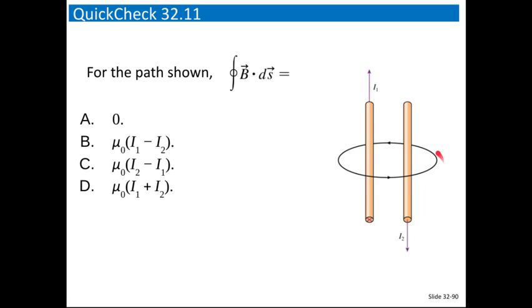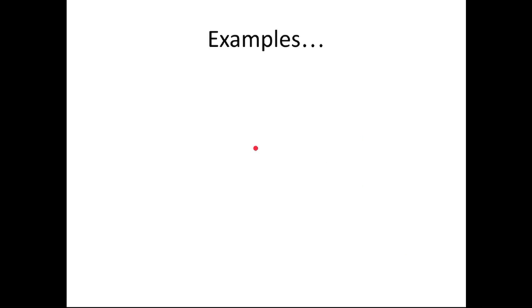Here's my path. This is not a field, this is a path. So what wire makes a field that is in the same direction as the path? Do the right-hand rule. I think it's wire 1. So wire 1 would be aligning with the path and wire 2 would be fighting it. So I'm going to say 1 minus 2. Done. That's it.